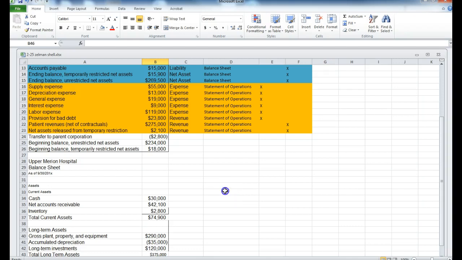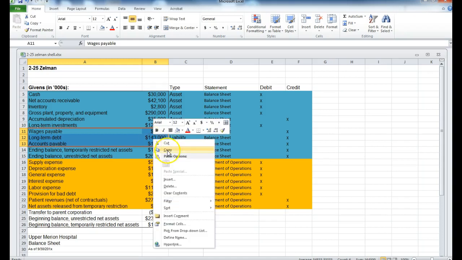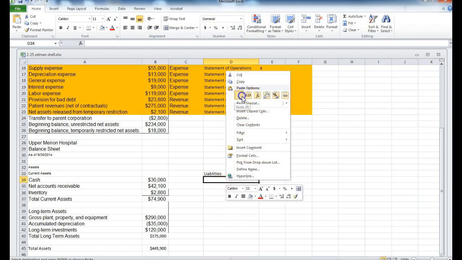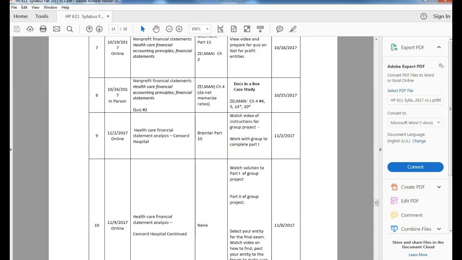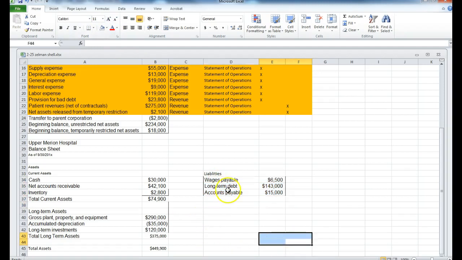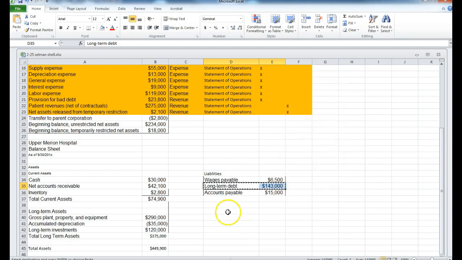Okay, so what's next? We need to do our liability section, right? Liabilities. So let's go back up here, and we see our liabilities are these 3. Okay, let's get rid of the blue. So we know long-term debt, long-term by the nature of the description, is not going to be current. So we're going to move that down here.